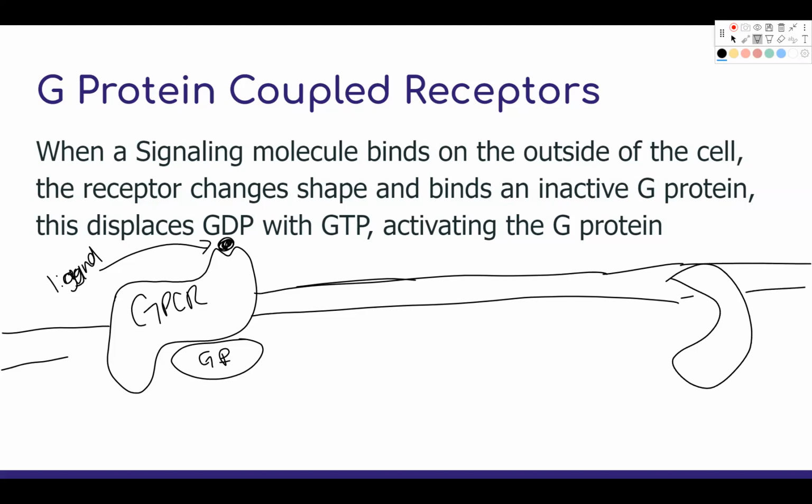We're still not messing with this enzyme yet. When this G protein binds, it is going to displace the GDP that was on here. So we're going to lose the GDP, and we are going to now bind a GTP.